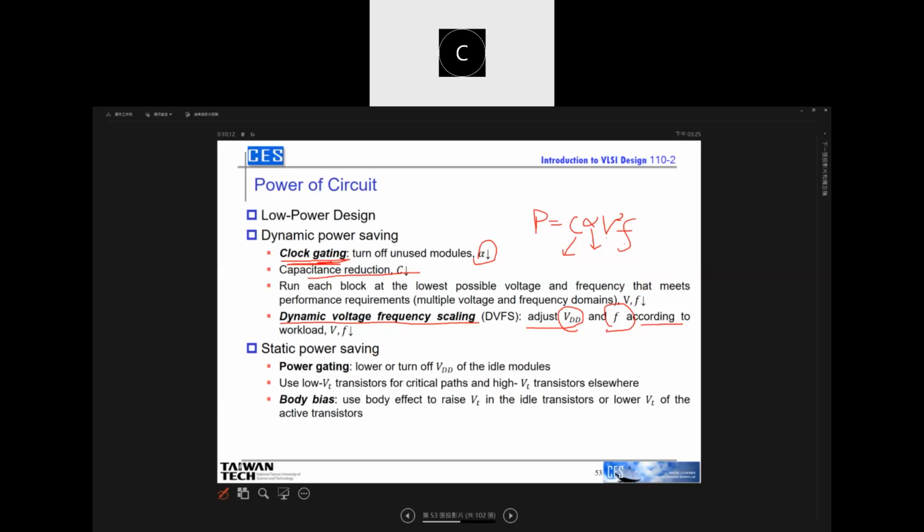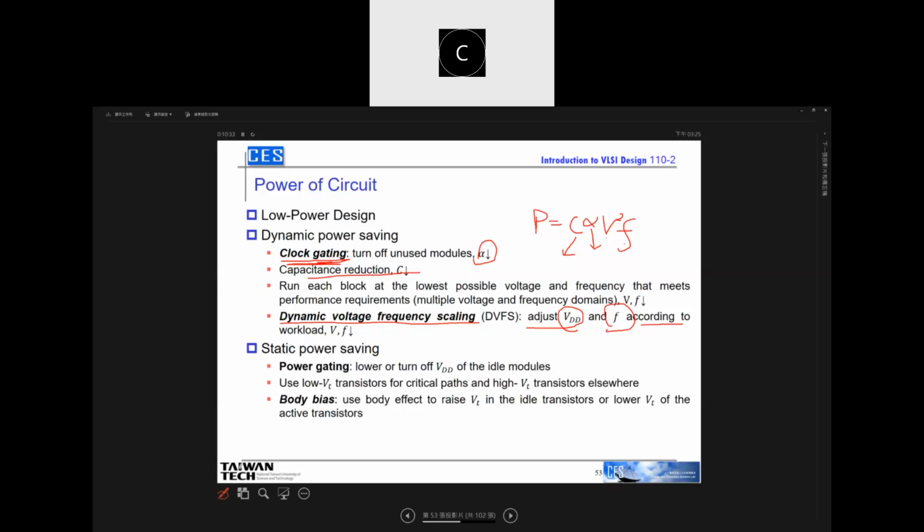The purpose is to reduce the power consumption. This technique is also used in cell phones. If you don't touch your screen, then you get into a sleep mode, right? So this is a quite commonly used approach in modern systems.